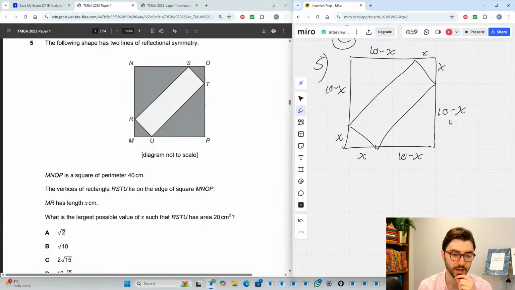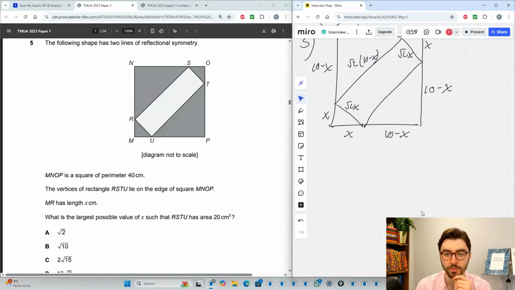What's the largest possible value of x such that RSTU has an area of at most 20? So what's the area of this shape? Well, these are just scaled up 1, 1, root 2 triangles. So that's root 2x, root 2x, root 2 into 10 minus x. So the area of the rectangle is simply these two sides multiplied together, which would be 2x(10 minus x), which is the area, which is equal to 20.